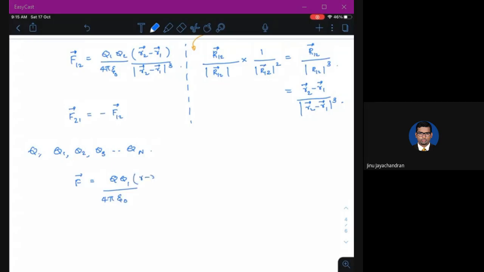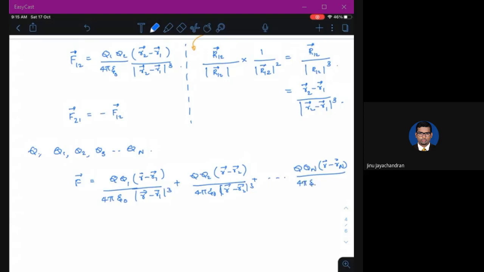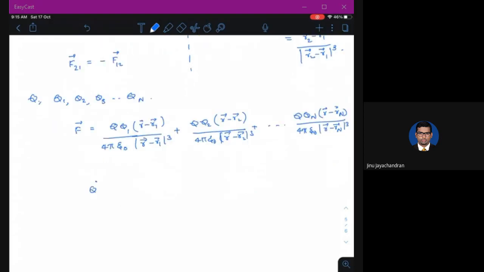Let the position vector be R minus R1 divided by the magnitude of R minus R1 cube plus Q2 into R minus R2 divided by 4 pi epsilon 0 in the magnitude of R minus R2 whole cube plus up to Q into Qn into R minus Rn divided by 4 pi epsilon 0 R minus Rn cube, where you see there's a charge Q, there's a charge Q1, there's a charge Q2, Q3 up to Qn, and all is exerting a force on Q.